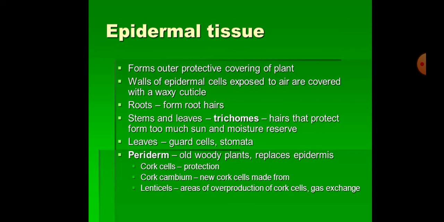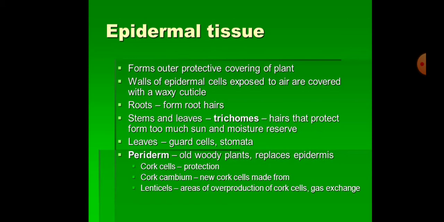On the root, they form root hairs, which play a very important role in the absorption of water and minerals. On stems and leaves, trichomes are hairs that protect from too much sun and moisture. They retain moisture around the plant. Particularly on the leaves, guard cells and stomata are there.